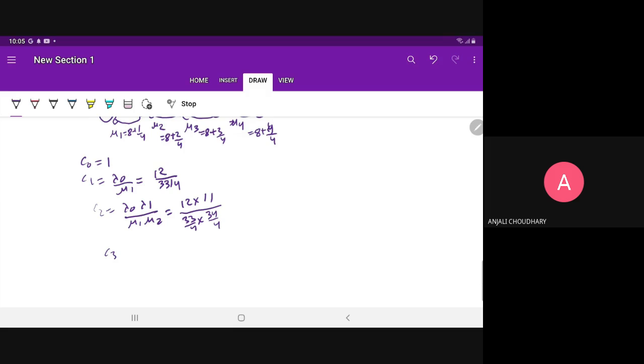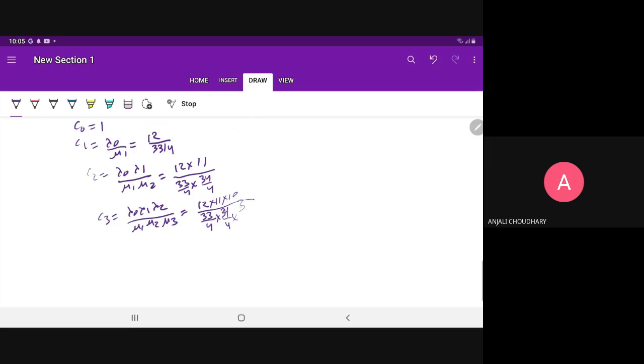And C3 is lambda 0 lambda 1 lambda 2 upon mu 1 mu 2 mu 3, so this is 12, 11, 10 upon 33 by 4, 34 by 4, and 35 by 4.